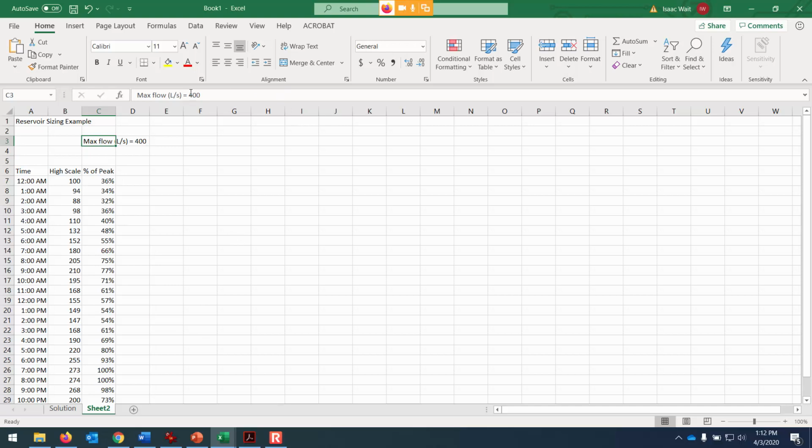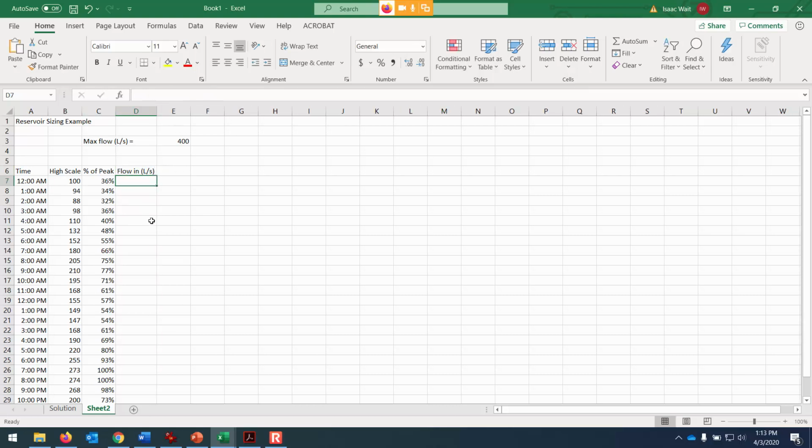Oops, I need to have the labels and the number in a different cell. So there's the labels and here's the number, 400 liters per second. Okay, so now the column I'm going to add is the flow rate in liters per second, and it's going to be the peak at 8 p.m. So I want each one of these to be based on the percentage of the peak.